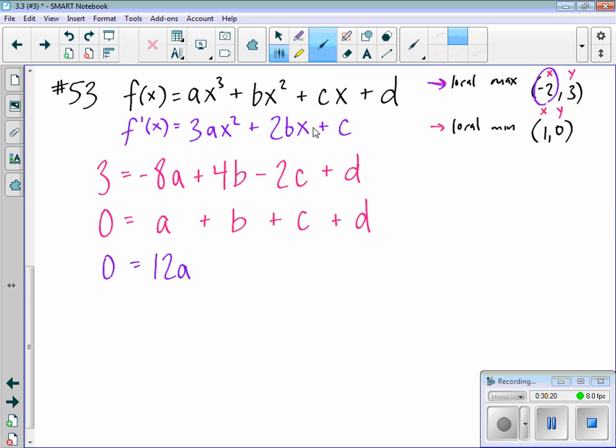Okay, plug negative 2 in for x here, and we get minus 4b, look okay? And then plus c. Okay, same idea with the local min. So I'm going to let you guys try that one. Try to get that last equation. And then I'll show you a really quick way to solve that tomorrow without having to do substitution and elimination. Sound good?